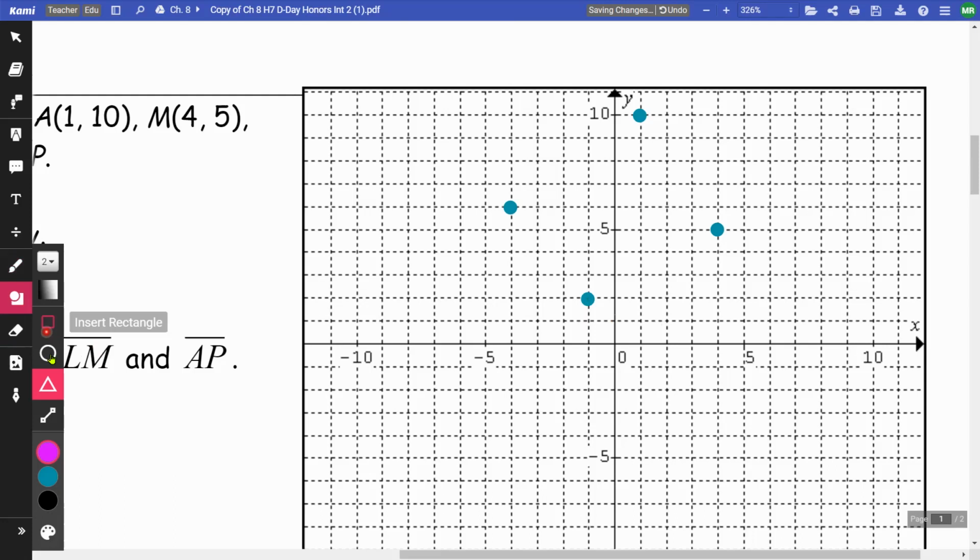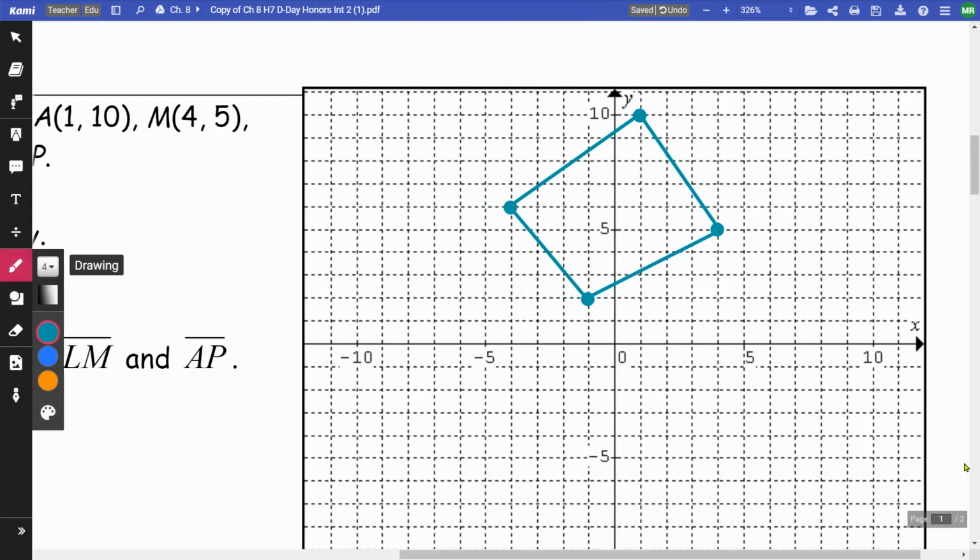And let me connect these with a line. Okay, so connect those. And let me just label these.